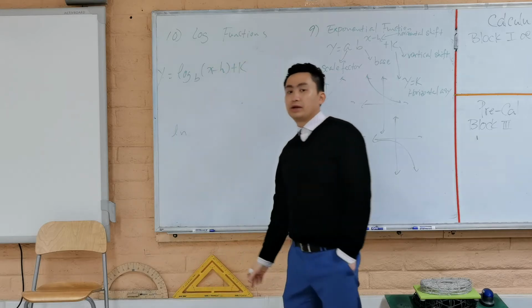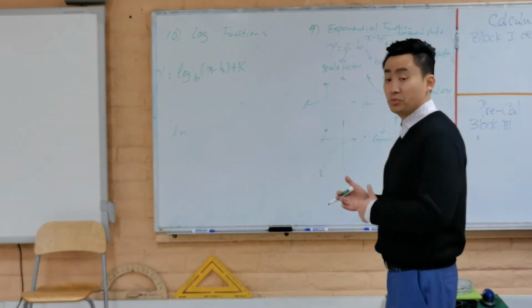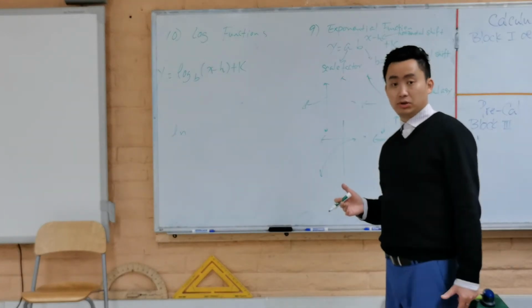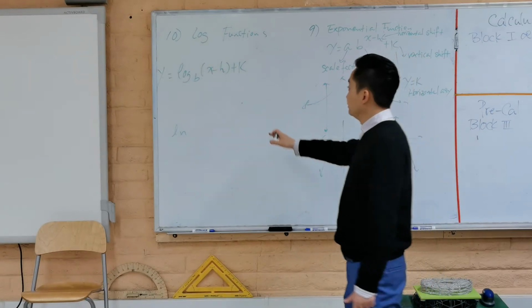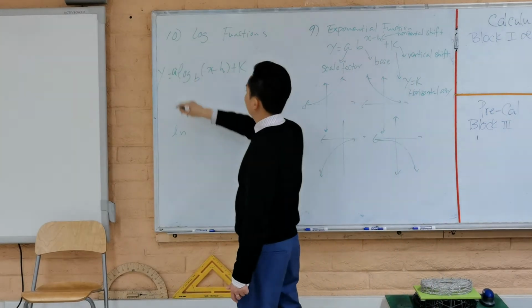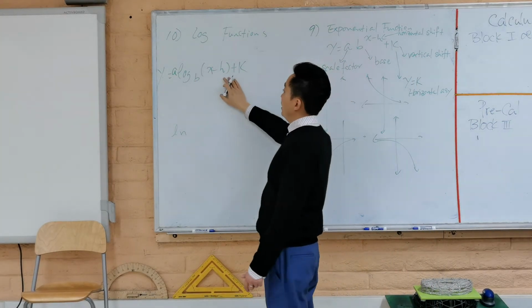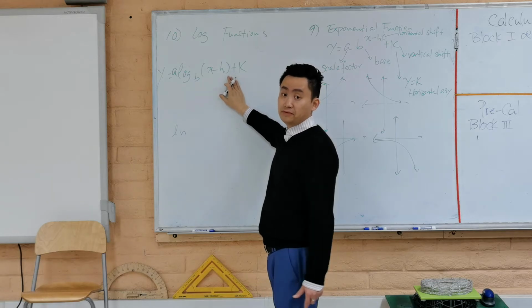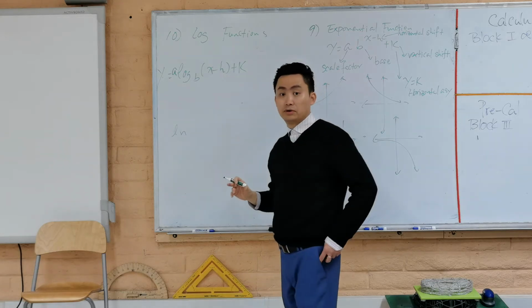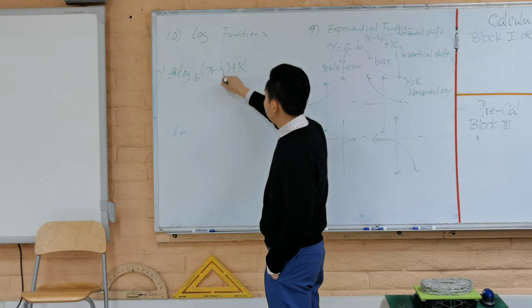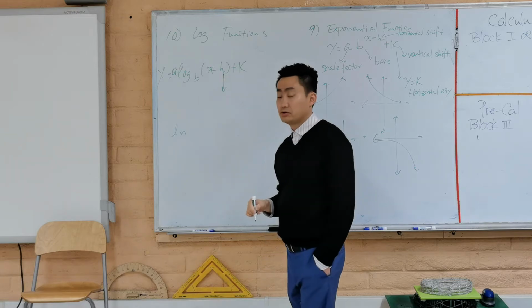The reason why I'm not putting any number here is this is just a general structure, a way to recognize the transformational constants. So the value of a, again, is the scale factor, h is the horizontal shift, and k is the vertical shift. And there's another name for h right here.